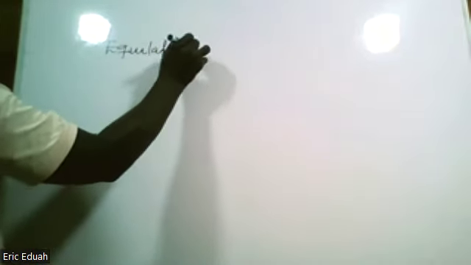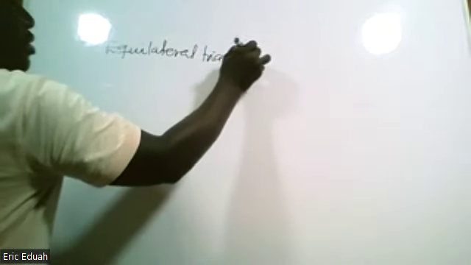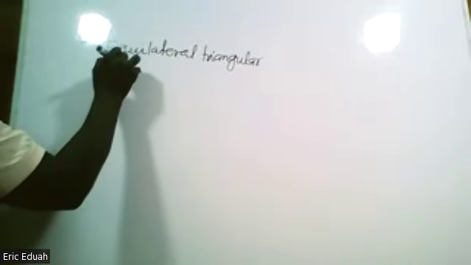All right, so a ray of light experiences a minimum deviation when passing symmetrically through an equilateral triangular prism. So once we are told that it's an equilateral triangular prism, then it means all the interior angles of the prism are equal, 60 degrees.